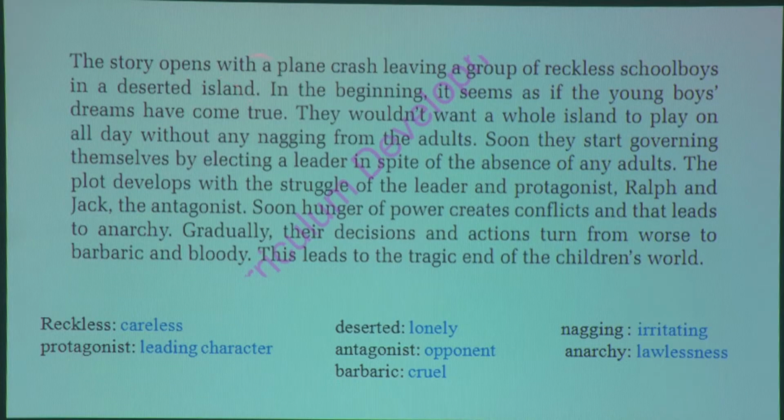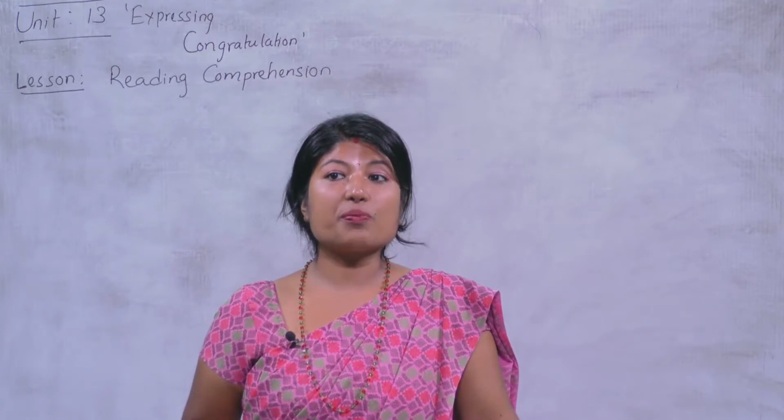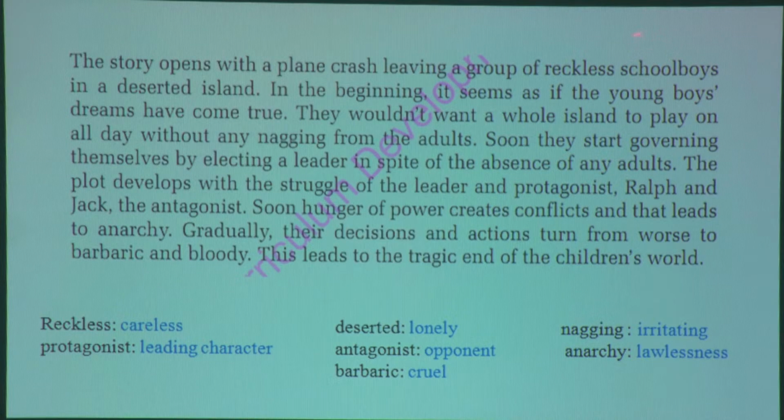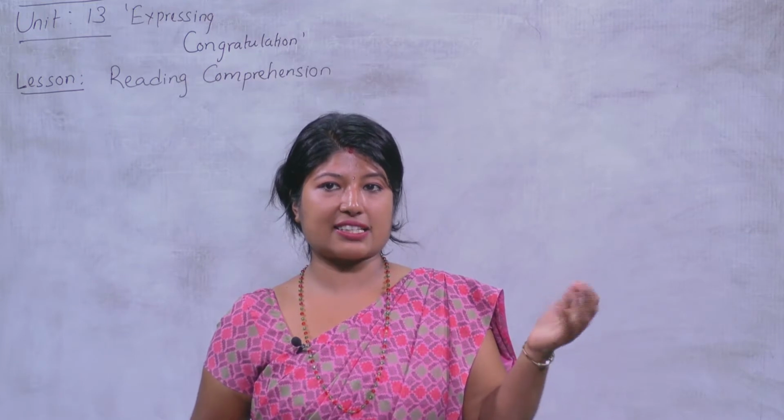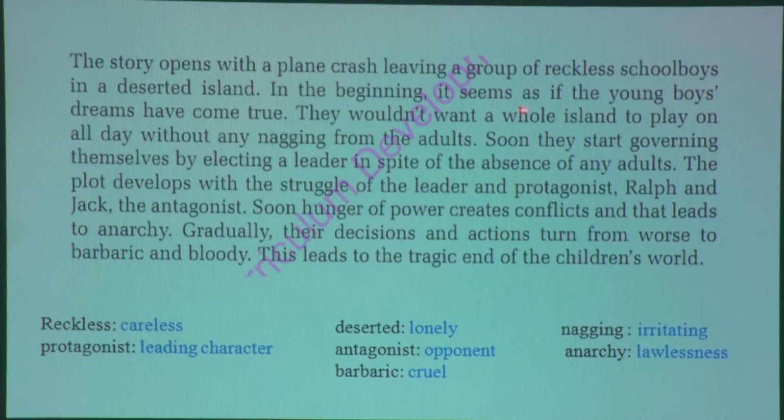The story opens with a plane crash. See, adventure begins over here. The story opens with the plane crash. A group of reckless, meaning careless, schoolboys in a deserted island. Deserted means lonely island. So in a lonely island, a group of children reached there because of a plane crash. In the beginning, it seems as if the young boys' dreams have come true, because children often dream of living alone, without interference of elder people, and their dream came true.